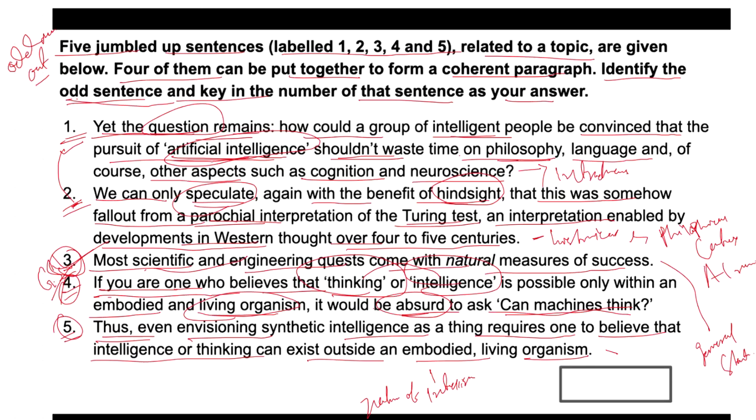So hence we can consider option 3 the best option to answer it, right? Or taken as the answer. So option 3. I hope you understood this. That's all. Thank you.